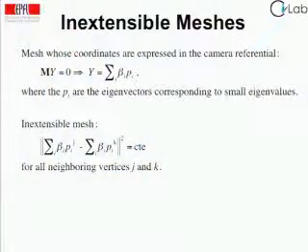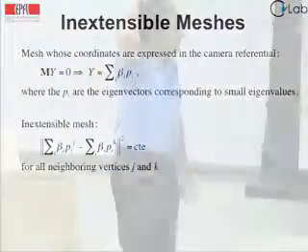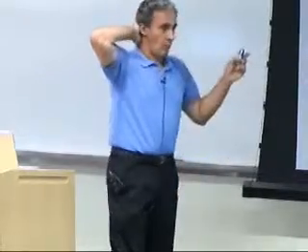One thing we've recently realized about this is that what you've seen here is essentially a tracking algorithm, because we get the shape in one image, and then we get the shape in the next image by optimizing, starting from the previous position. But it turns out that there is something very nice about this linear formulation: you can find your solution in closed form, which means you can have automated initialization of the algorithm if you assume the mesh is inextensible.